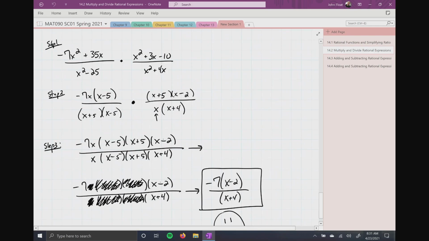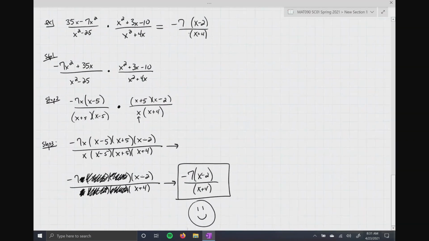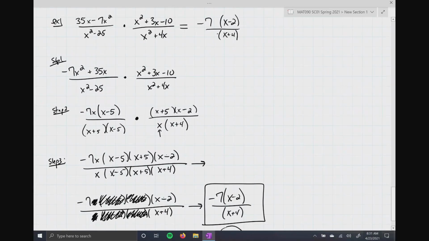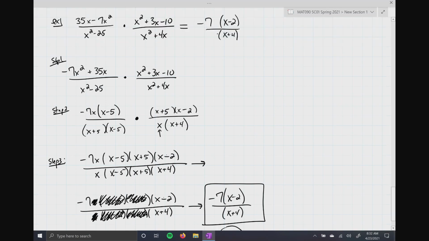Let's go back and look at this problem right here. The 35x minus 7x squared over x squared minus 25. What basically you're saying is, Mr. Float, how come we couldn't do this? All right, watch this. I'm going to write it in red. This is the exact question you just asked. How come I can't do that?